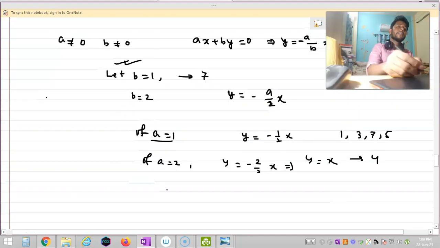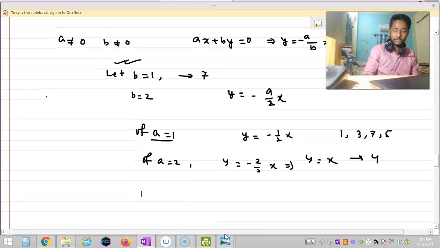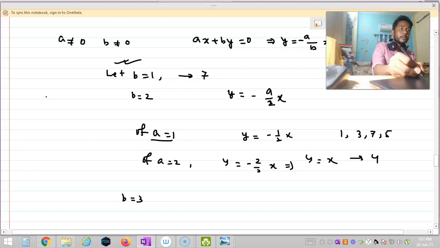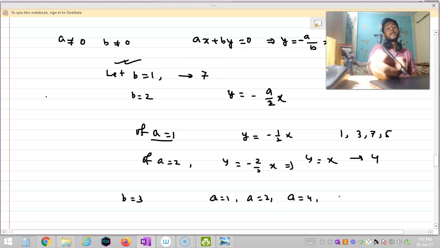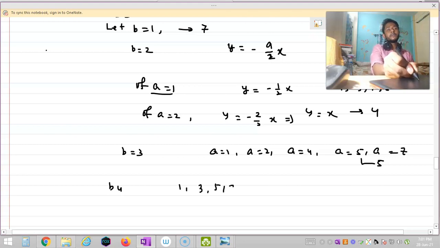Now if b equal to 3, the possibilities are a equal to 1, 2, 4, 5, 7. So there are 5 possibilities. Now if b equal to 4, then 1, 3, 5, 7, there are again 4 possibilities.